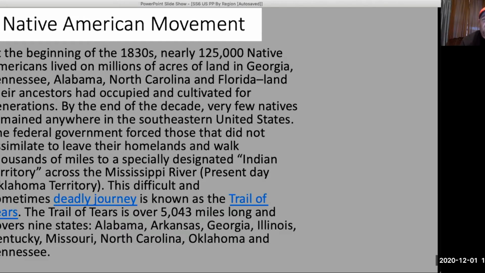By the end of the decade, very few Native Americans remained anywhere in the Southeast United States. What happened? Well, the federal government forced those that did not assimilate to leave their homelands and walk thousands of miles to a specially designated Indian territory across the Mississippi River. Okay, this is what we currently call the state of Oklahoma.